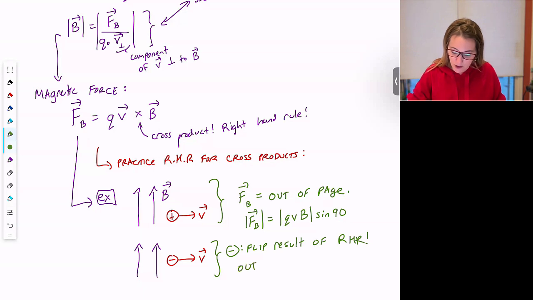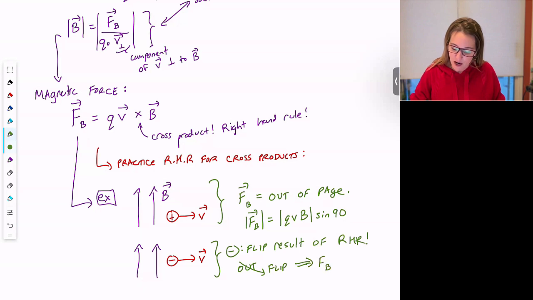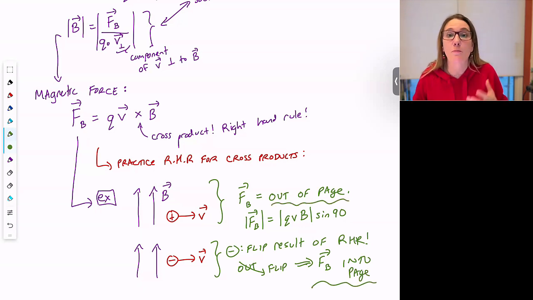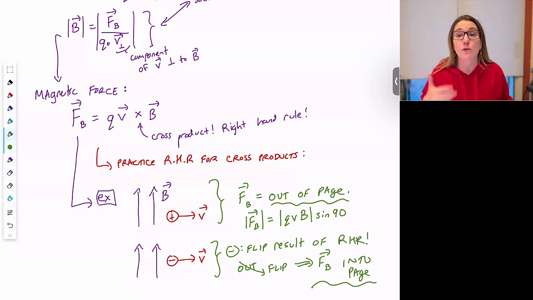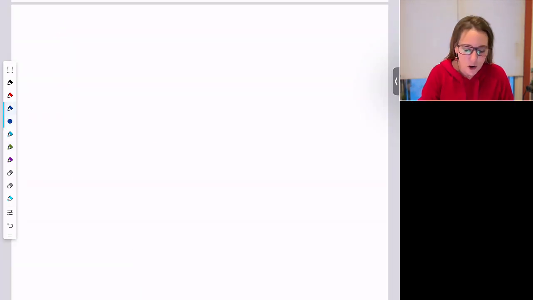So out of the page, I'm going to flip that, and then I end up getting a magnetic force that would be into the page. So the plus or minus charge changes whether or not you use the result directly from the right-hand rule or whether you flip it.